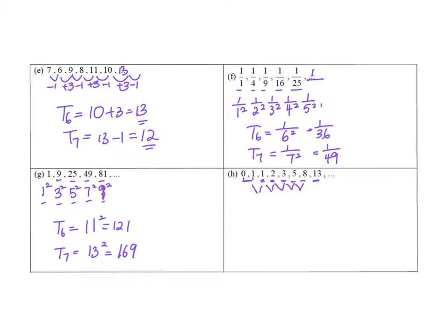So it looks like terms 1, 2, 3, 4, 5, 6, 7, 8. Term 9 will be taking 8 plus 13, and that will give me 21. So that means term 10 will be 13 plus 21 to give me the number 34.